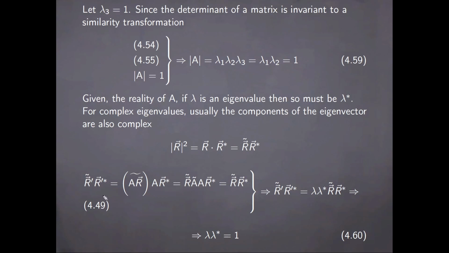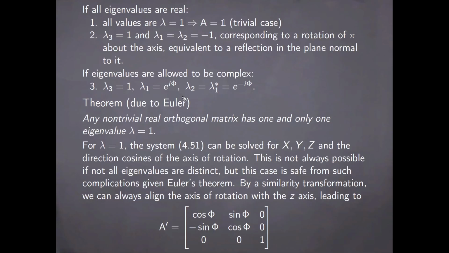So using this together with equation 449, which was the statement of the eigenvalue problem, we immediately obtain the result here, which in light of the orthogonal nature of the transformation implies that the product between lambda and its complex conjugate has to be equal to 1. Therefore, if all eigenvalues are real, we have two possibilities.